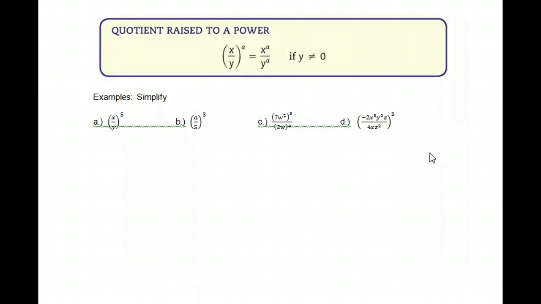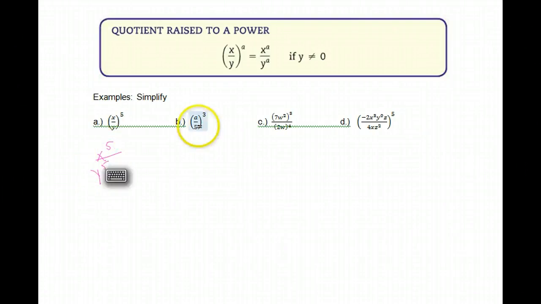Next, we have the ability to raise a quotient to a power. And when we're raising a quotient to a power, we will give that power to everything that's in the numerator as well as everything that's in the denominator. So if we have x over y being raised to the 5th power, then we would make that x to the 5th over y to the 5th.